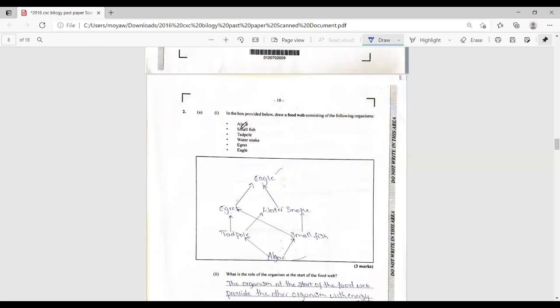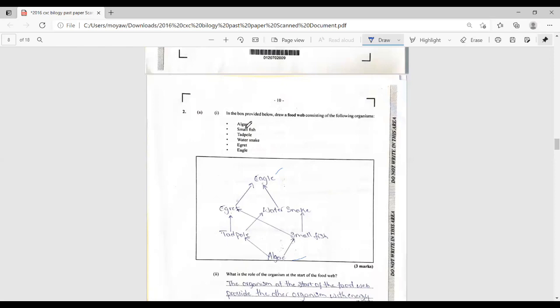The small fish is small enough to be eaten by something, yet large enough to eat the algae. It's the same for the tadpole. So now we would draw a line from algae to tadpole, and a line from algae to small fish.